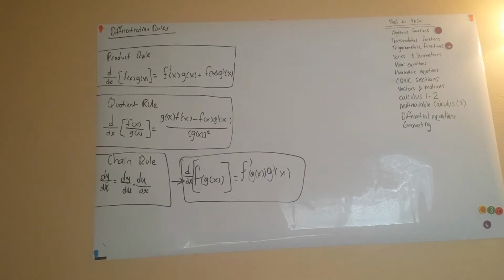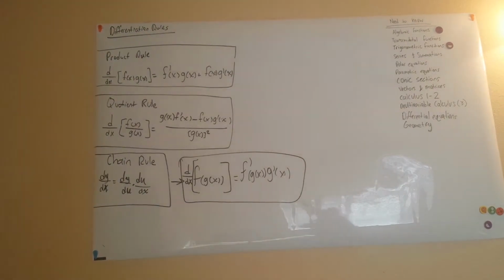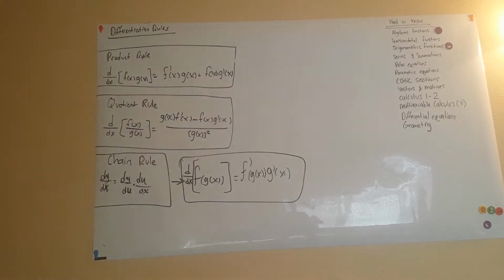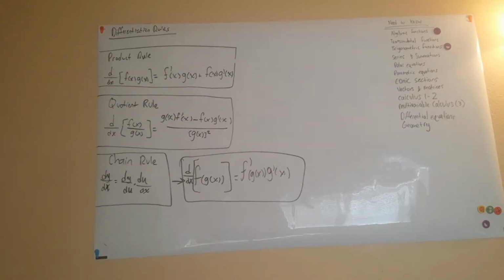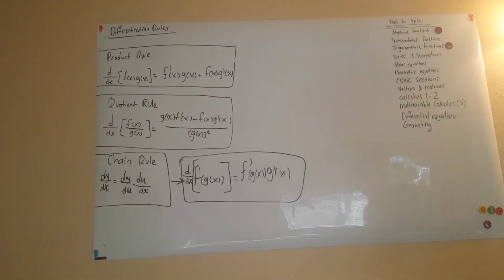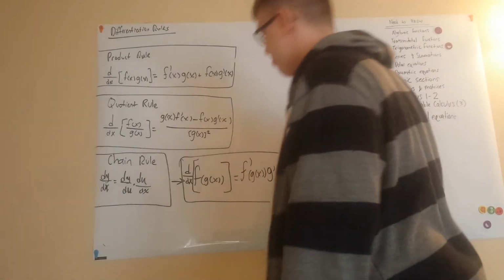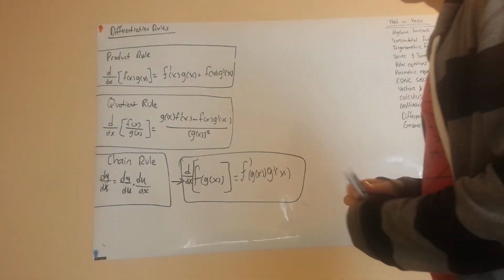That is the result of the chain rule. So instead of constantly doing u's and stuff, we can just know the pattern and get the answer right away.